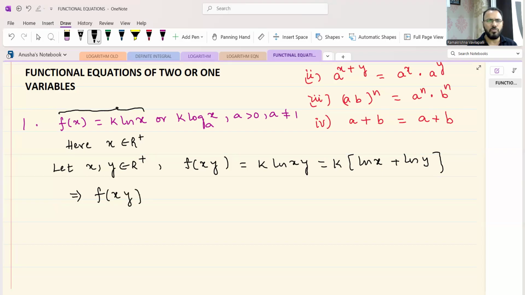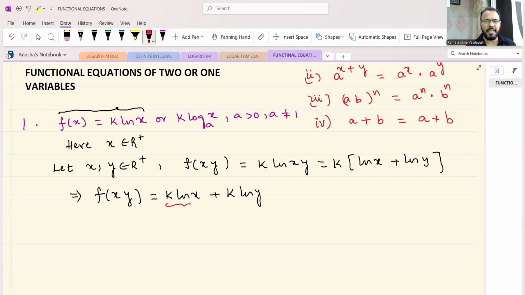We need not worry at all about these standard functional equations. There are maximum four, and those four are highly valuable in JEE Main. So f of xy is equal to k ln x plus k ln y. Only the point is, we have to listen to the class very carefully.